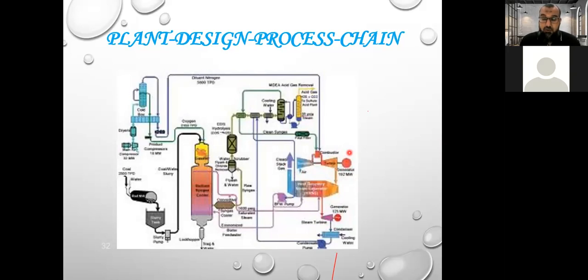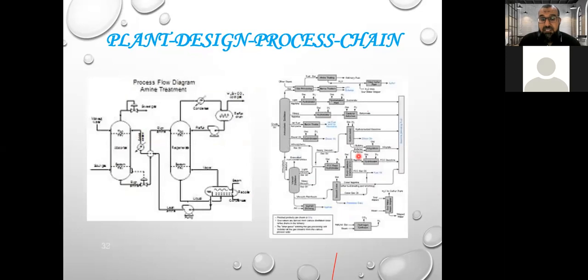If you work in the engineering sector on paper drawings, you will start with the design. The purpose of the design is to produce a drawing, and this drawing will go to construction and fabrication to construct the plant, to have a huge plant. So there is a chain between the plant design and the process of the plant.